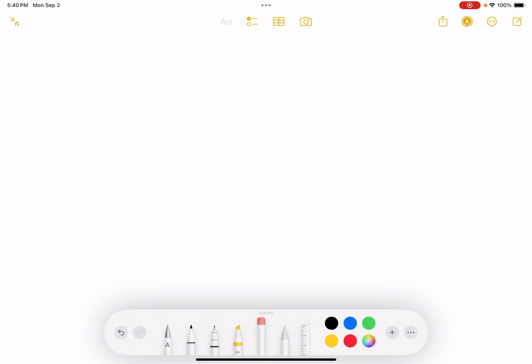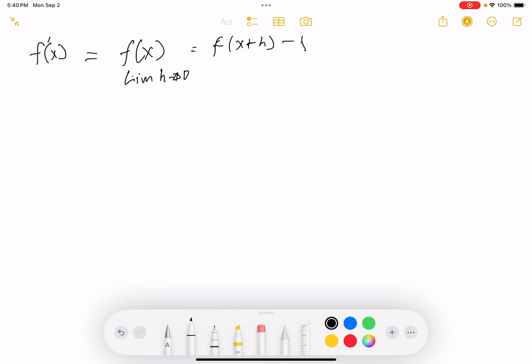In other words, to find the derivative of the function f of x, it's equal to the limit of this function as h tends to 0 of f of x plus a small change in x, which we called h, minus f of x, the original function, divided by h. So that's what we did last week.